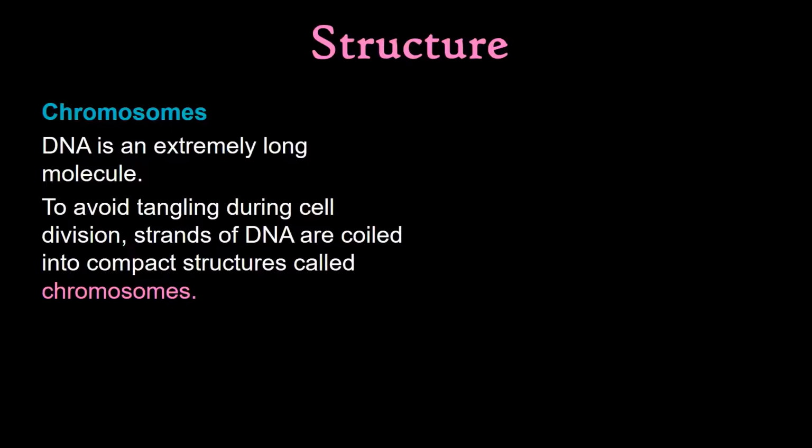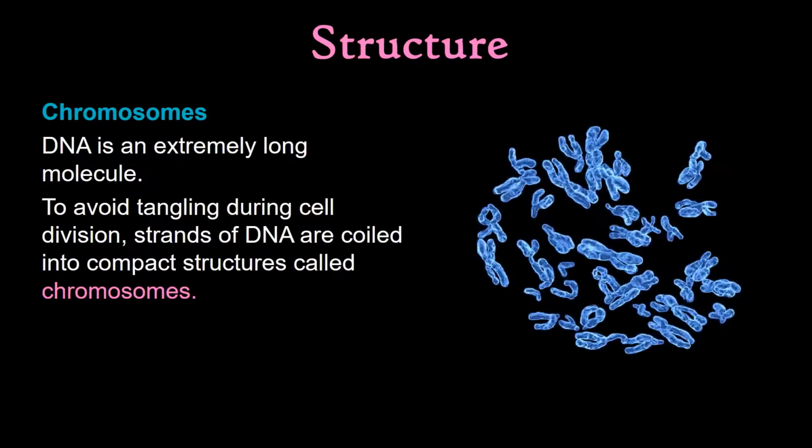And so chromosomes are little compact jumpers, quote unquote, knitted together from long strings of DNA. You've probably seen pictures like this. If you look carefully, there's a whole bunch of little structures, sort of X-shaped things, and each one of those is a chromosome.